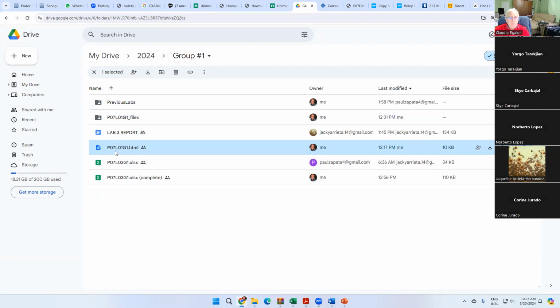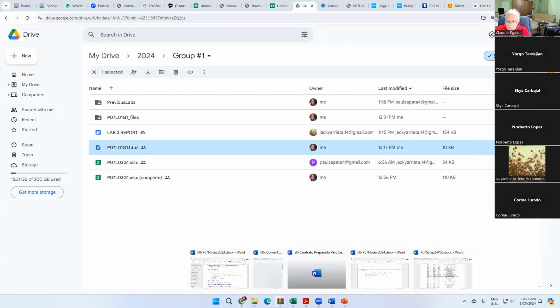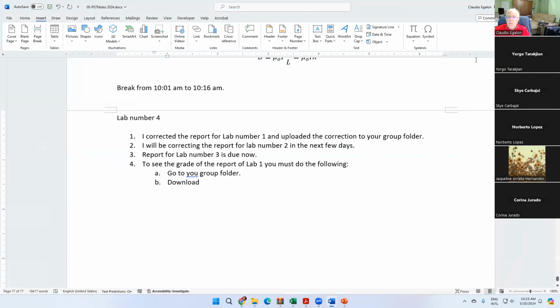So I'm going to go to your group folder, and I cannot copy it, strange. Okay, so go to your group folder and look for the P07L01 group number .html file and the folder.